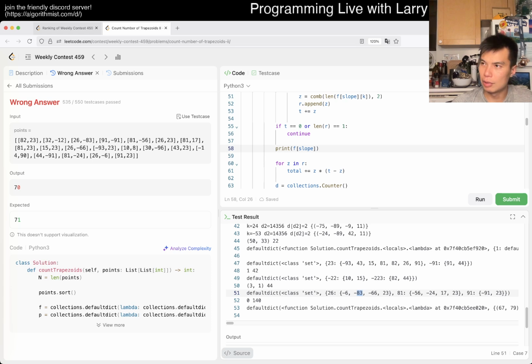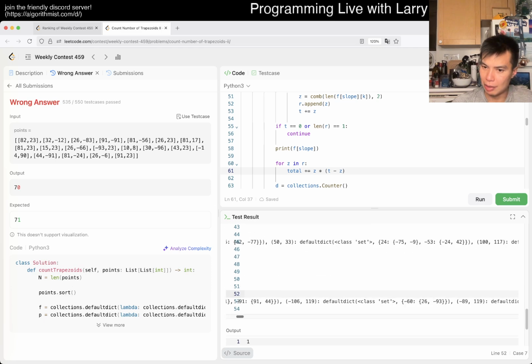No. 4 choose 2 is 6. 6 times 7 is 42. And then here is the same, so 42, 42. And then here is, so 84, 84, this has 12. So 84 plus 12 is 96. So that's, yeah, 140. So the math is right.